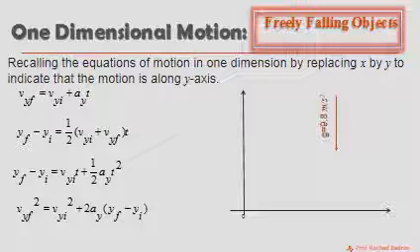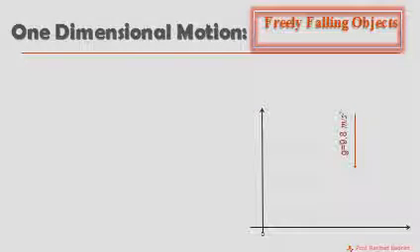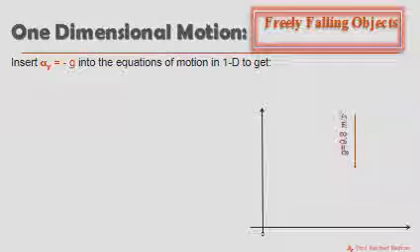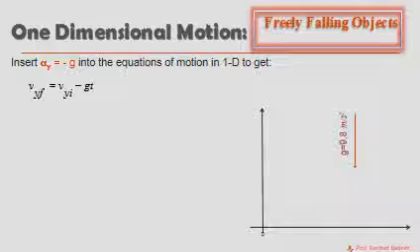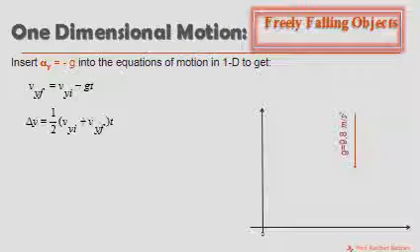As shown in the figure, the acceleration due to gravity is downward. Doing that, we also have to replace a_y by minus g in the equations. Then we get the final velocity v equals v initial minus g, the acceleration due to gravity, multiplied by the time. The second equation, the displacement, equals v final plus v initial over 2 multiplied by time.